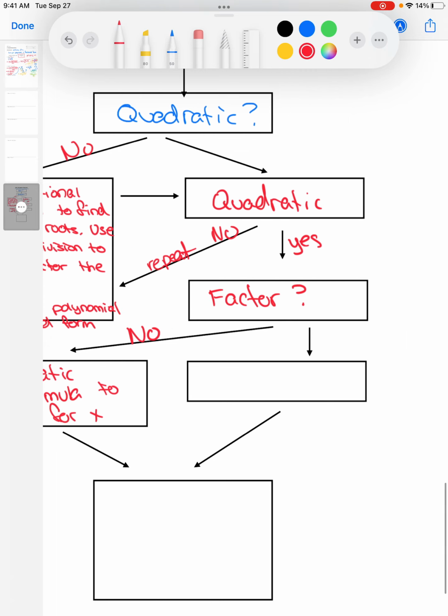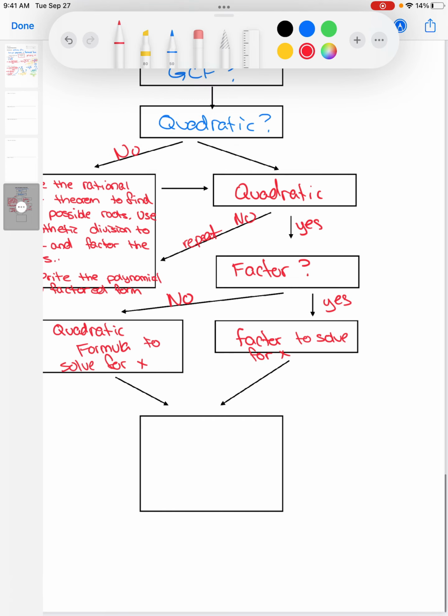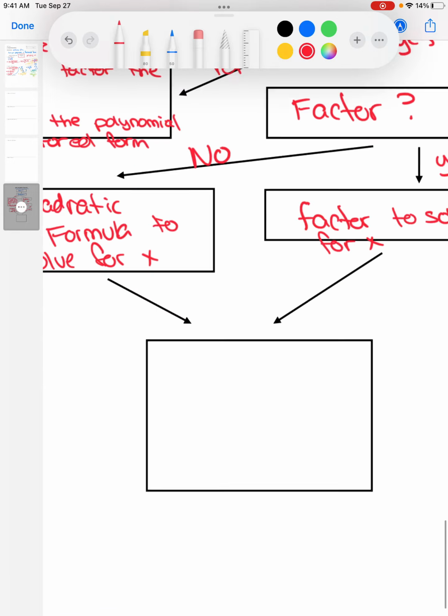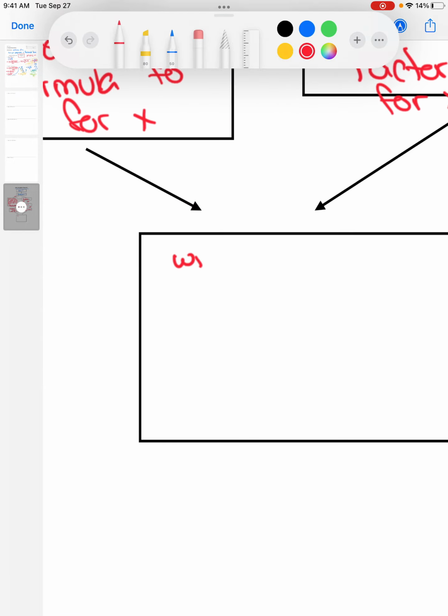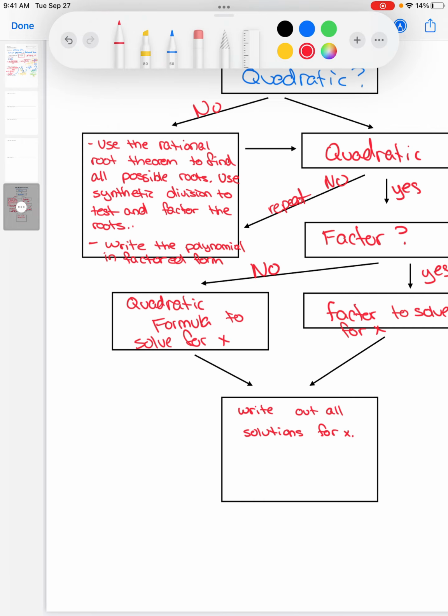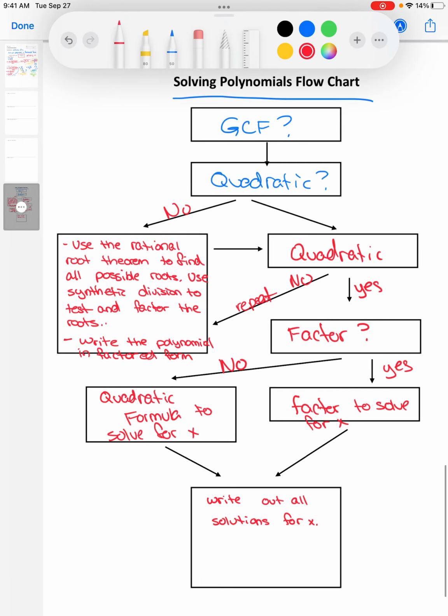And if we can factor, then factor to solve for x. After we've either used the quadratic formula or factored, write out all solutions for x.